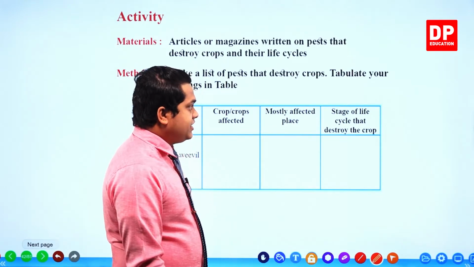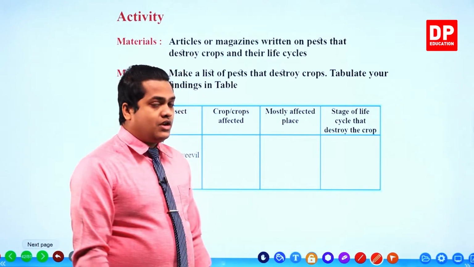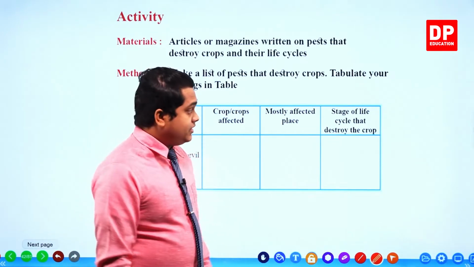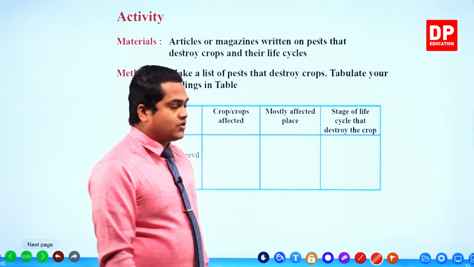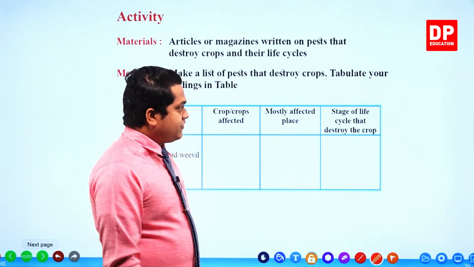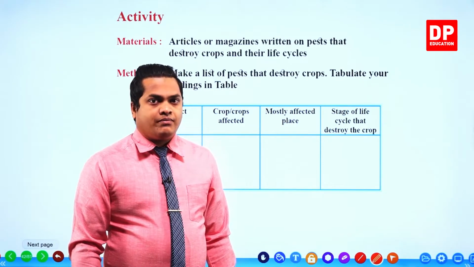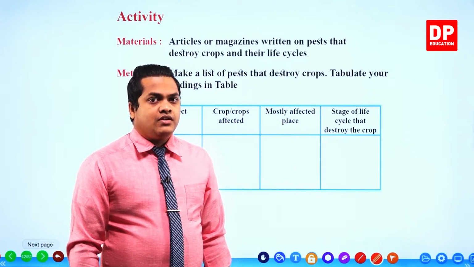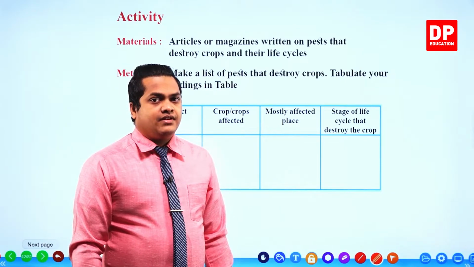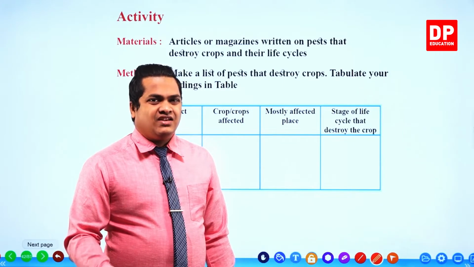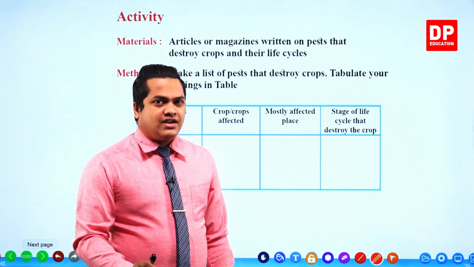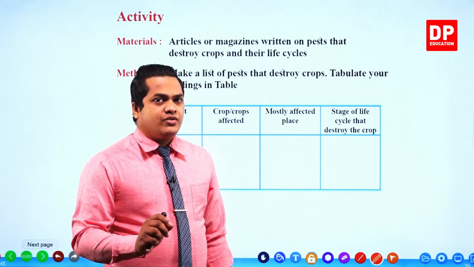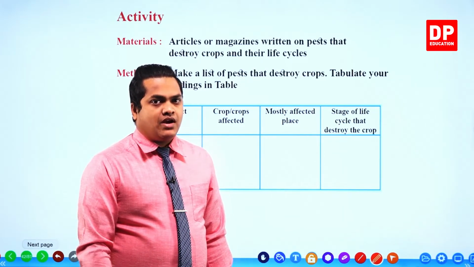Then finally, the stage of life that destroys the crop. You have to write down the stage of life that destroys it, mainly the stage of life in which the pest depends on the plant.